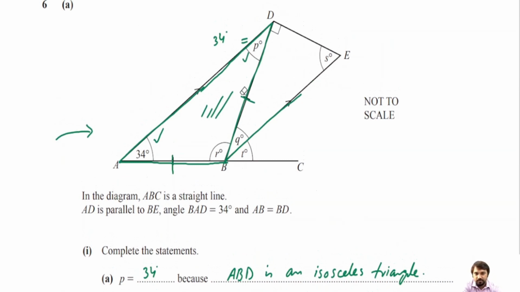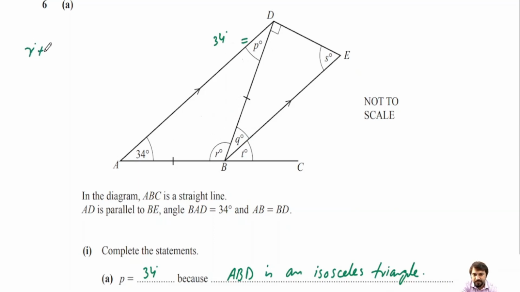First of all, I'm going to erase this. How can we calculate the value of R? We already know that this is an isosceles triangle ABD, and we already know angle A is 34 degree, angle B is again 34 degree. So we have to apply the sum rule here.